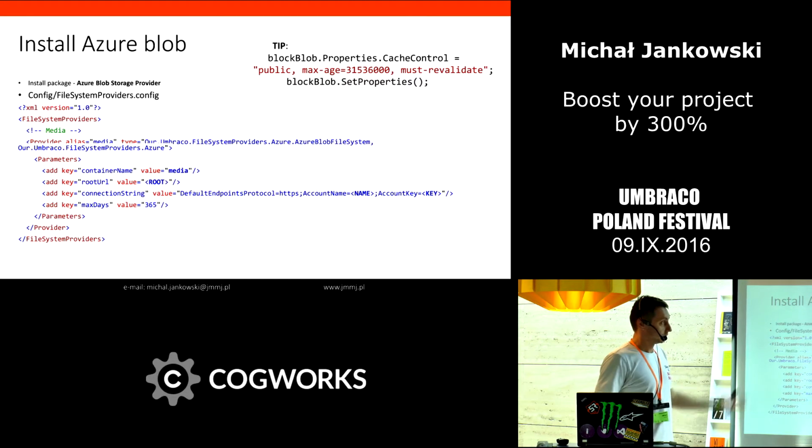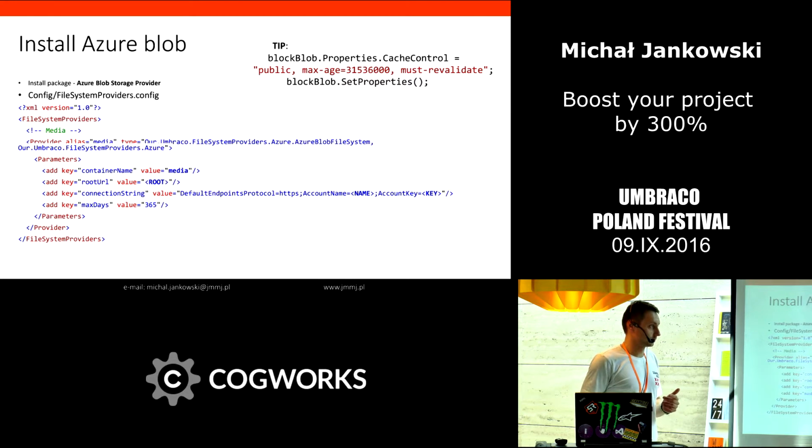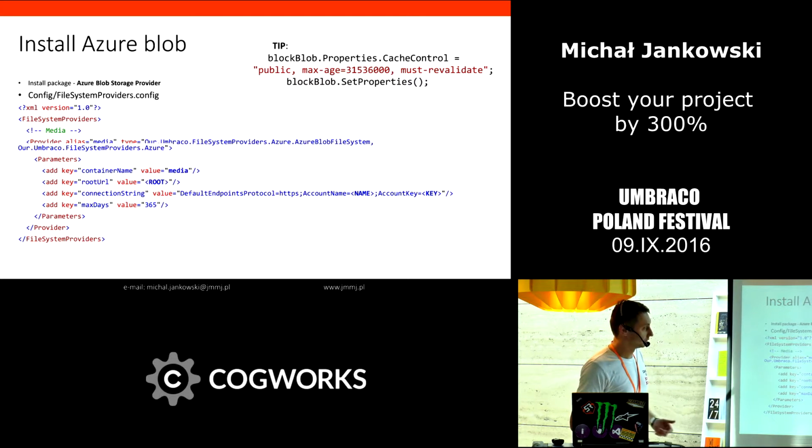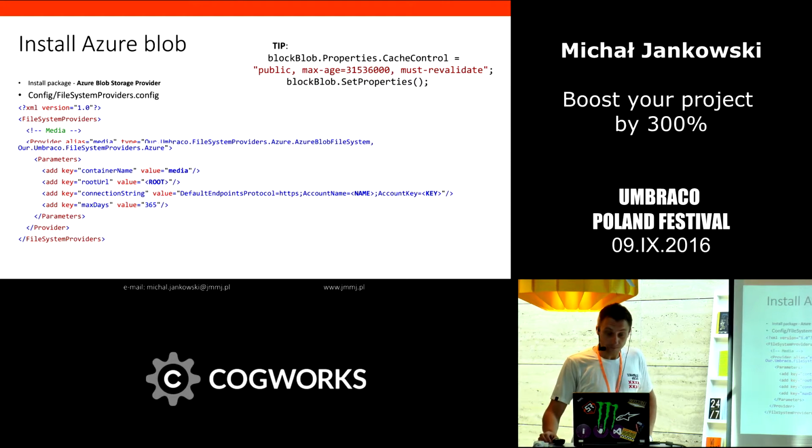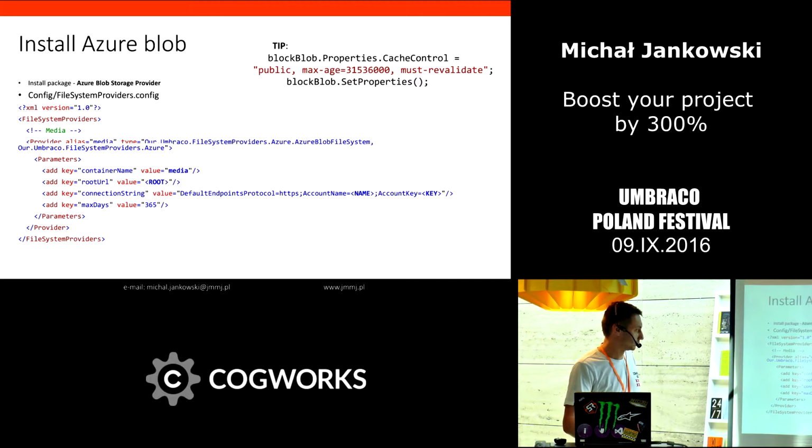They will download it once and cache it in the browser, because blobs are cheap, but the transfer from them is not. What we want is to put as much static content as possible into the user cache, so when he or she comes again, the cache will be used.